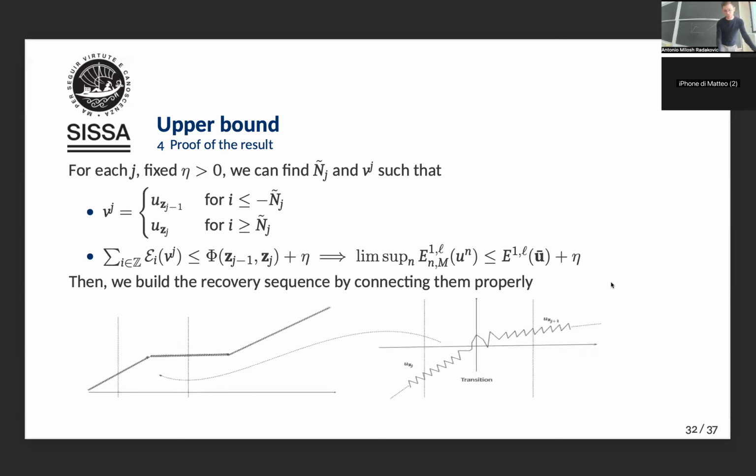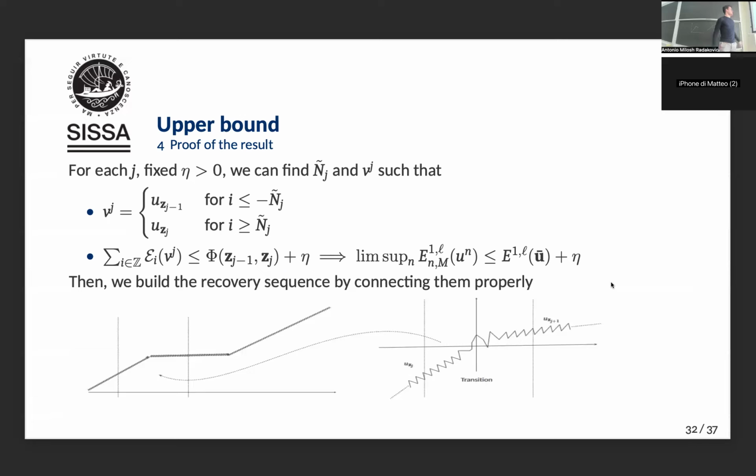Okay, for the upper bound, the limsup inequality, we basically do the same thing in reverse. So we take some functions Vj, which are almost minimizers for the transition from Cj minus 1 to Cj, so that the energy will be bounded from above by the transition energy plus something arbitrarily small.